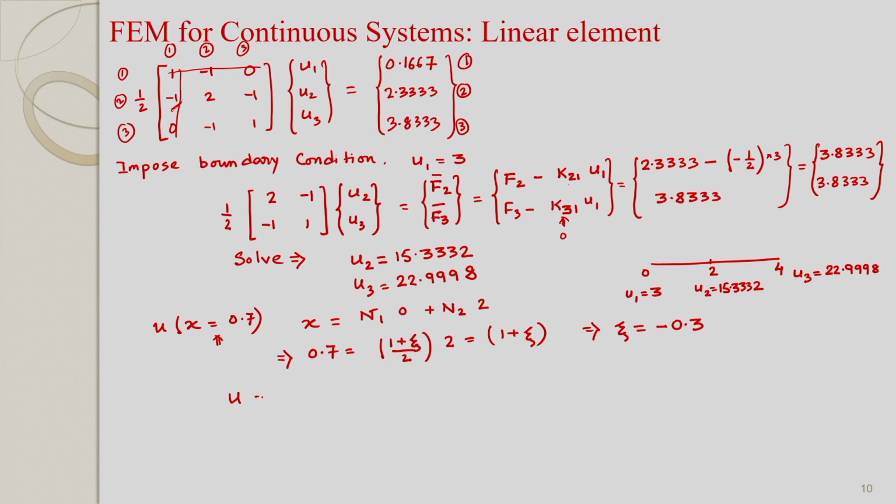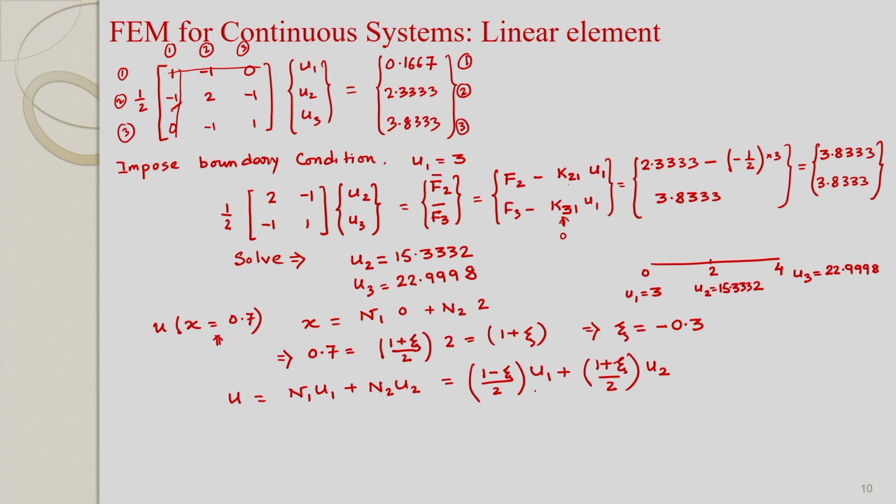Then u is n1 u1 plus n2 u2, that is, 1 minus xi by 2 u1 plus 1 plus xi by 2 u2.